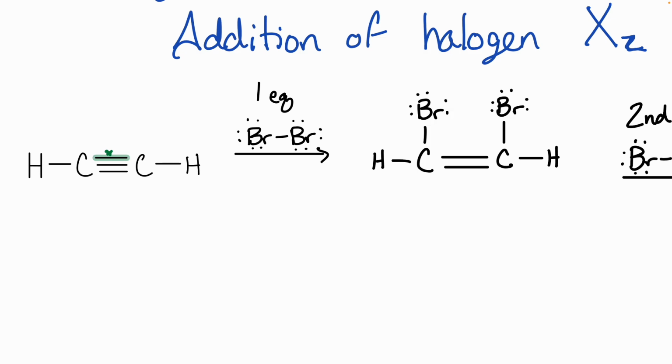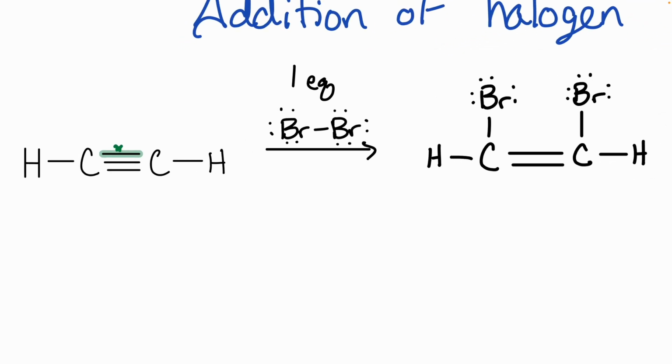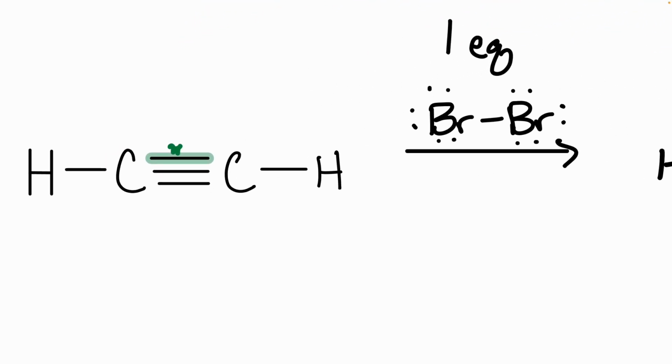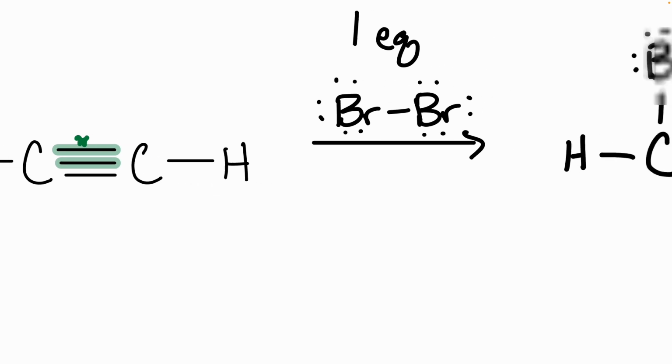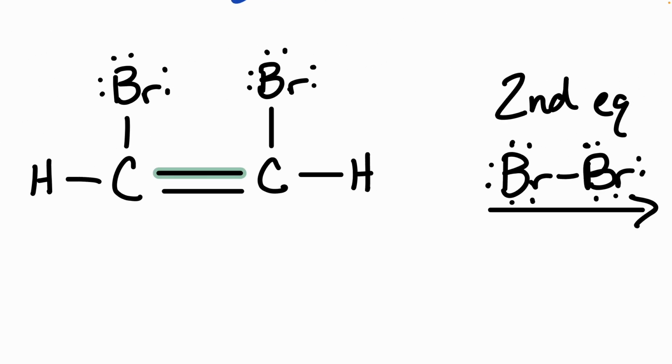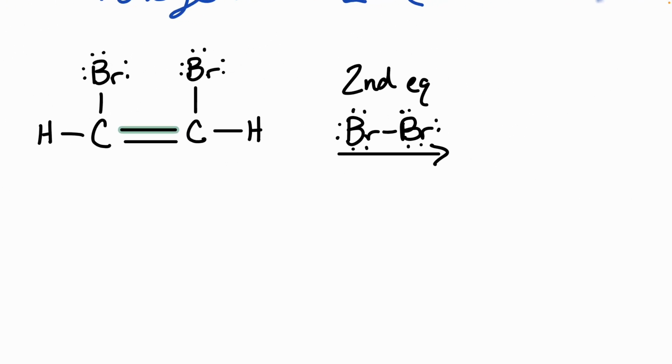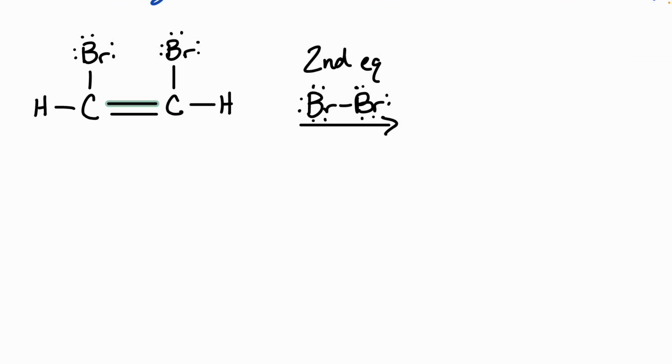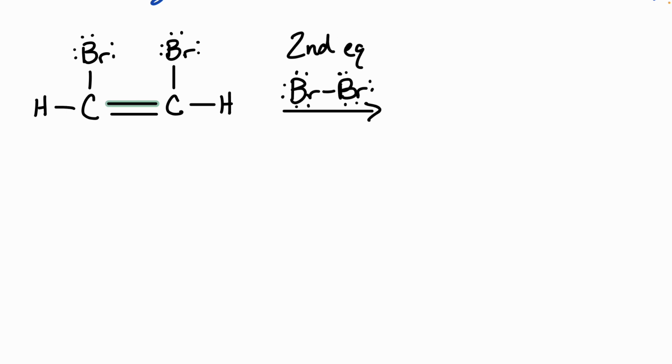Okay. In my second reaction, all that's going to happen is now that second pi bond is going to be consumed in this reaction. So now I'm going to do the same thing with a second equivalent of bromine, and take a second and see if you can't predict what our products would be.